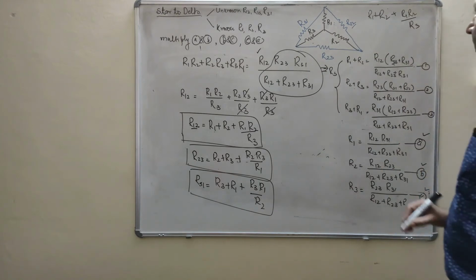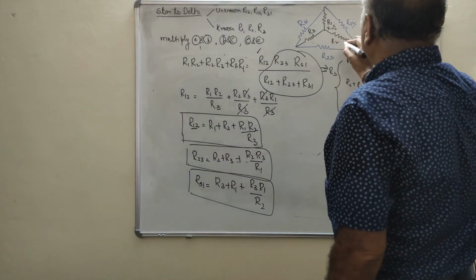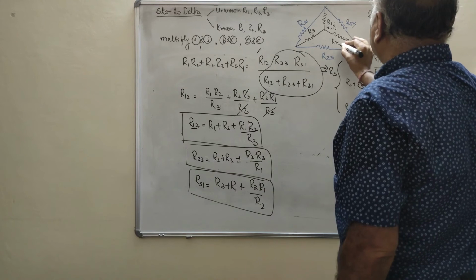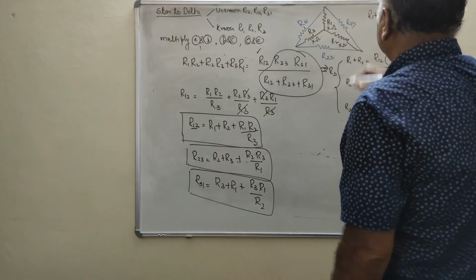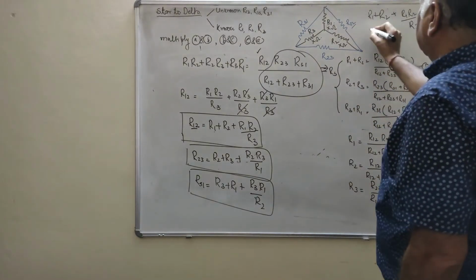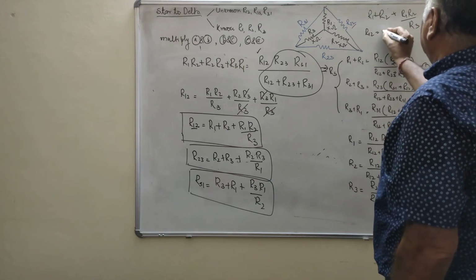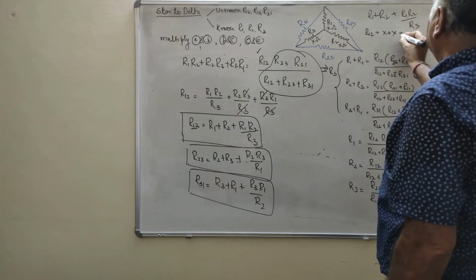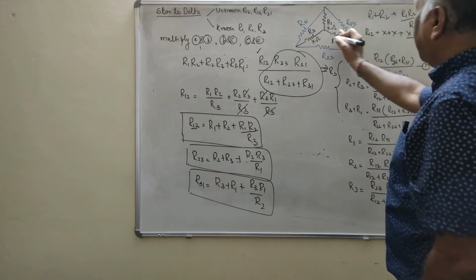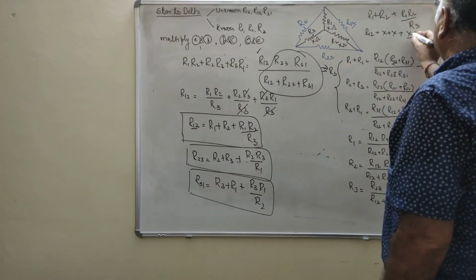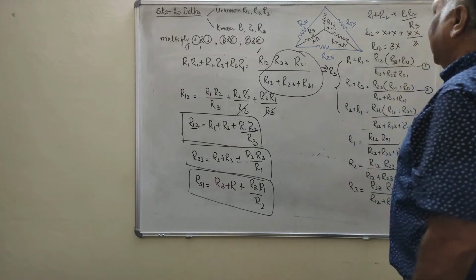Clear? For example, say this is X ohm, this is X ohm, and this is X ohm, and we have to convert into delta. Then what is the value of R12? This plus this, X plus X, plus the product of this, X into X upon this X, and you are getting R12 equal to 3X.